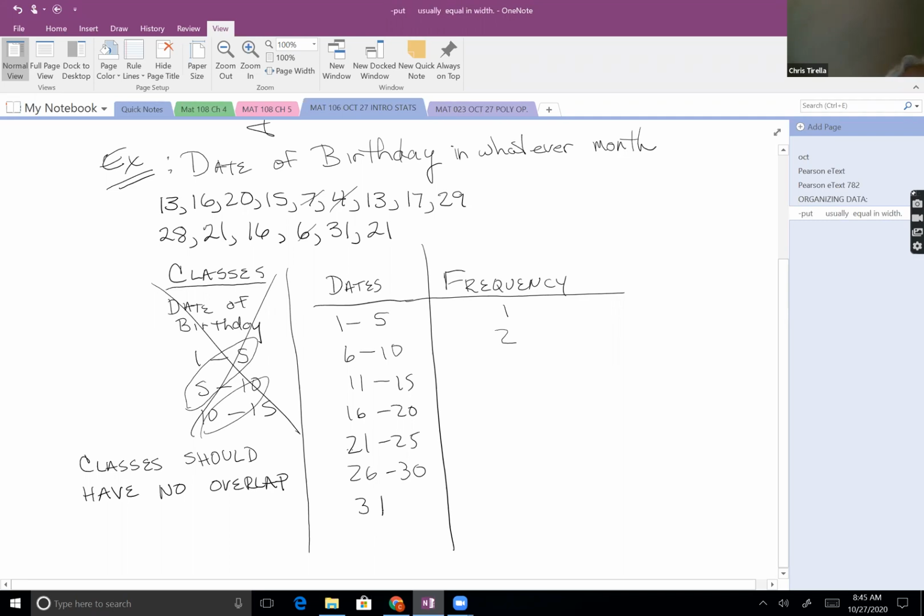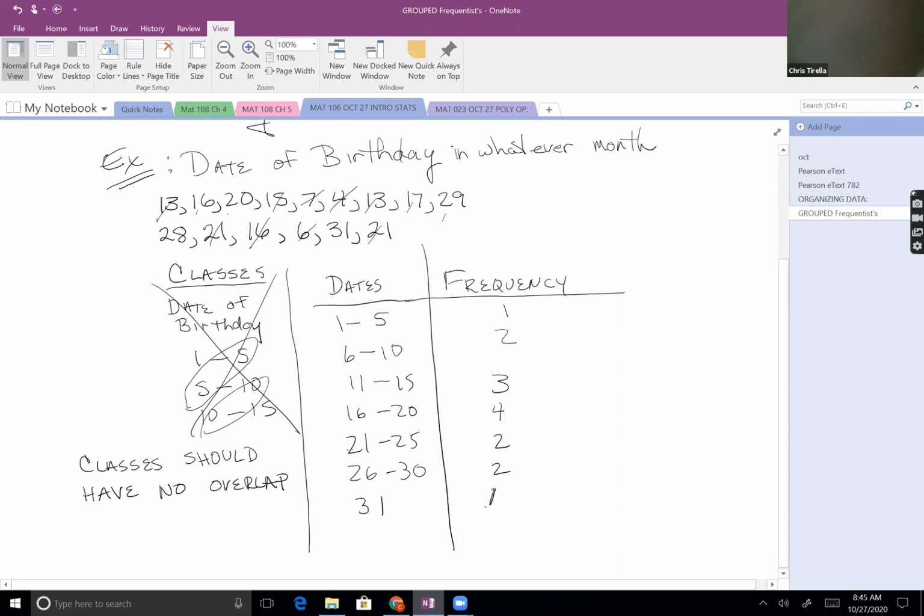So 11 through 15, that would be 1, 2, 3. 16 through 20 would be 1, 2, 3, 4. 21 through 25, it would be 1, 2. 26 through 30 would be 1, 2, and then above 30, there would be 1.